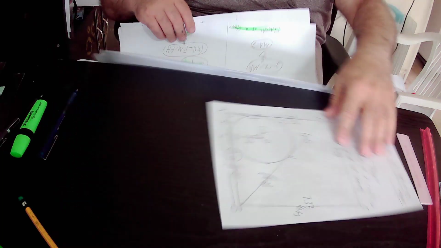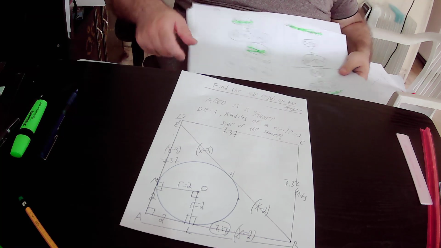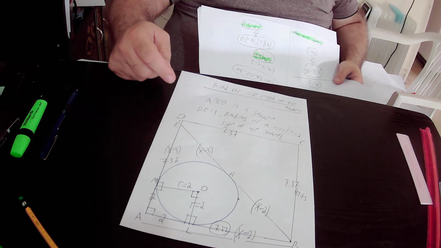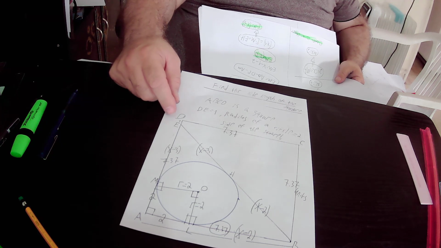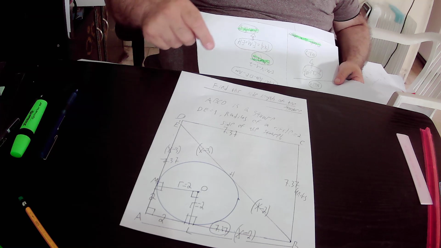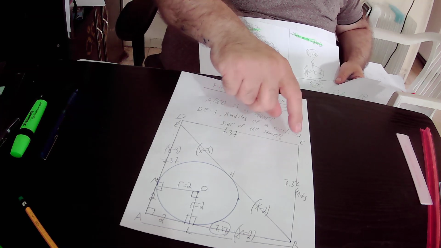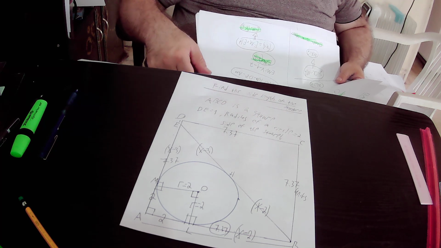So in the first question, we have square ABCD. Inside the square we have this circle. Line segment D equals 1 unit. The radius of this circle is 2 units. And we want to find out the side length of square ABCD.